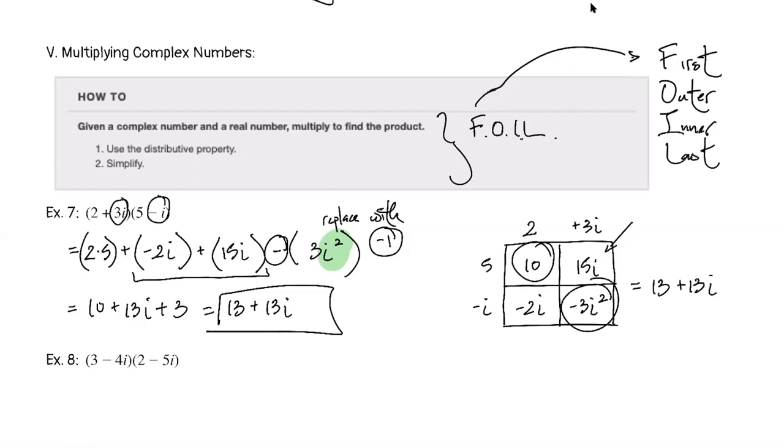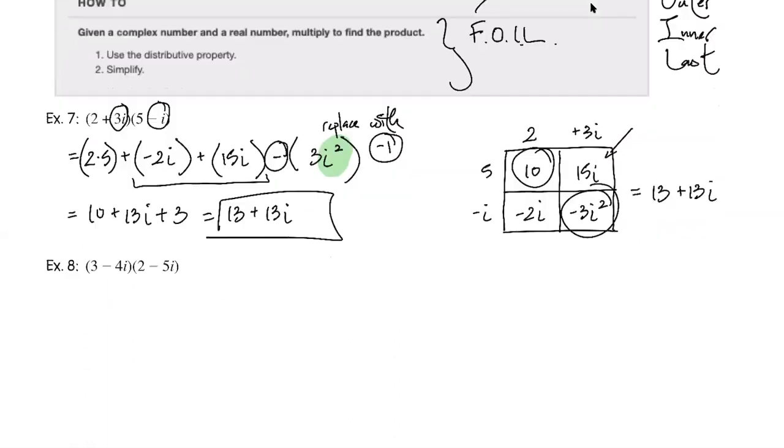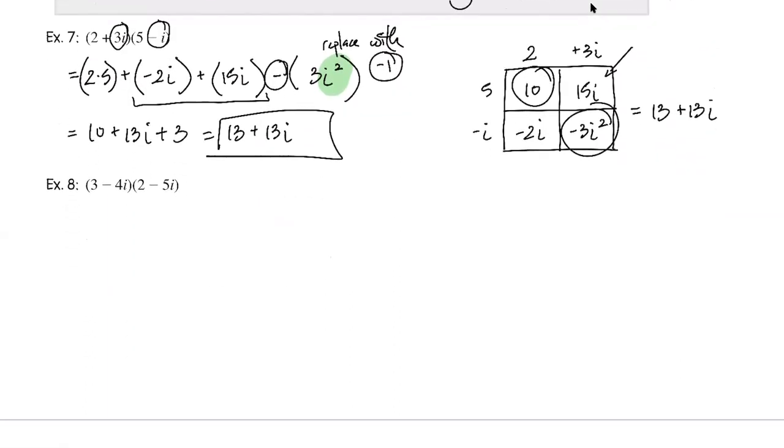Okay. So sometimes that gives me more of a visual, and I tend to make fewer sign mistakes with the box than I do with foiling. Okay, but I'll leave that up to you which method you prefer. So knowing that, take a moment and work through example number 8.